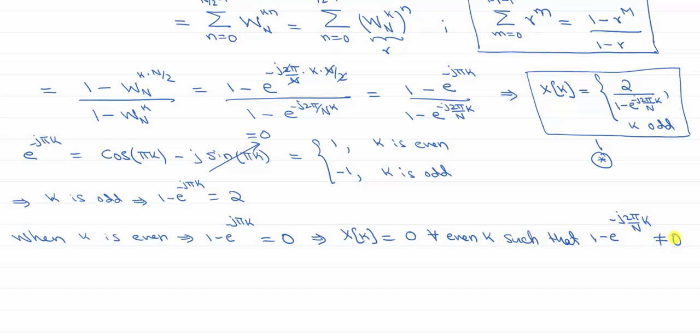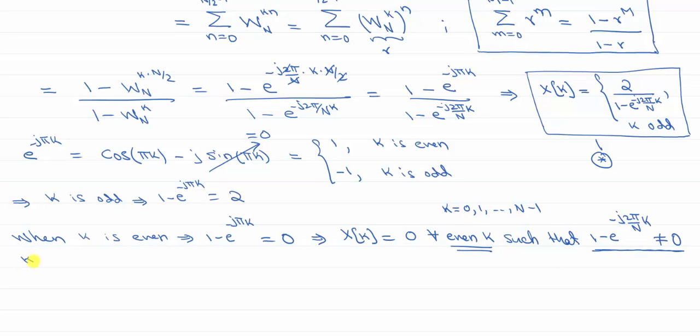Now even k, and also k has to be between 0 and N minus 1. So is there any k for which this is not true, that my denominator is actually equal to 0? If we stare at this, we find out that yes, there is one such k, and that is k equal to 0.